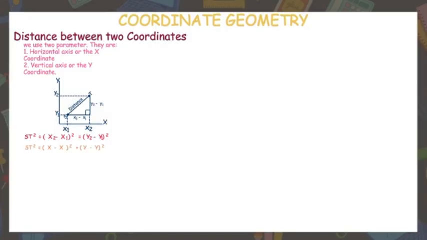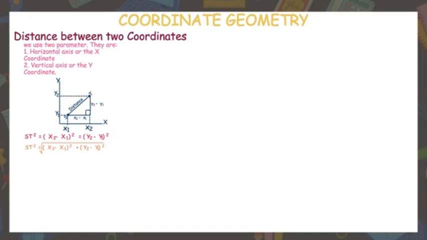Now we take the square root of this to get our distance ST, which is equal to the square root of (x2 minus x1) squared plus (y2 minus y1) squared. So this is the formula used to find the distance between two coordinates. On the y-axis, which is also known as y-coordinate, and the x-axis, which is also known as x-coordinate.